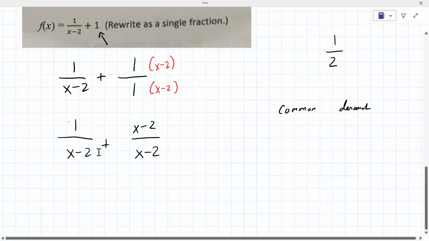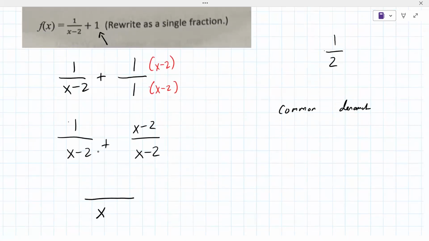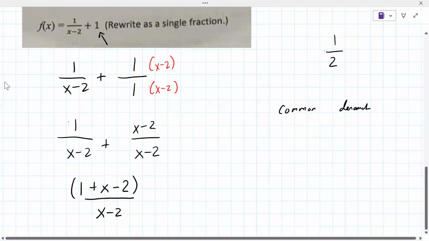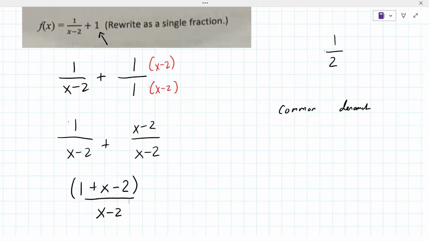That's very important for the next step. You keep the bottom the same, and the top becomes 1 plus x minus 2. When you look just at the top, what does that simplify to?